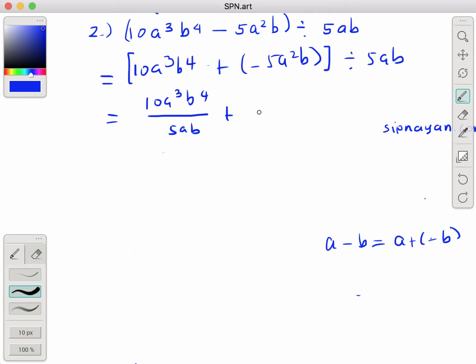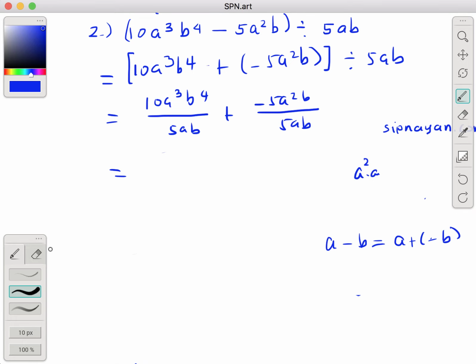And then plus negative, yung negative pwede na natin siya igitna, or pwede naman sa taas. Negative 5a squared b divided by 5ab. So simplifying, I think obviously nakikita nyo na pag may tatlo tayo dito na a, tapos may isa tayong a, ang natitira na lang ay dalawang a dito, which is a squared, di ba? Dalawang a means a times a.